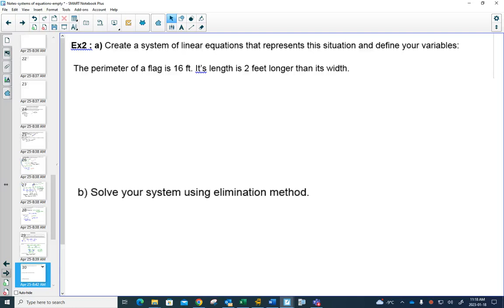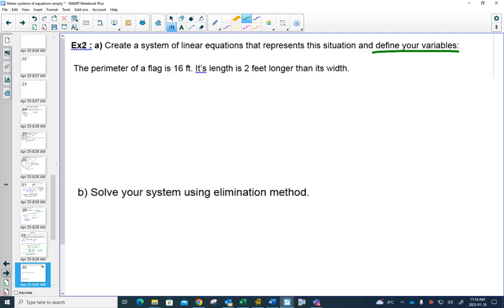So another one, we're going to create a system of equations that represents this situation and define your variables. So sometimes if the question says define your variables, we have to create letters that we're going to use and say what they mean, even though sometimes it was obvious. Like last time I put the S above small bus and the L above large bus, but I didn't formally define the variables.